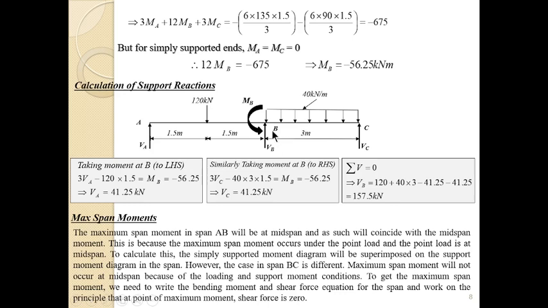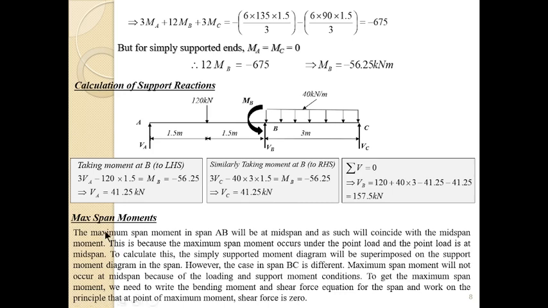If we make VB the subject of the formula, this is what we will have. We will have that VB equals this, which if we solve gives us 157.5. So we now know our support reactions. That means we can easily draw our shear force diagram and our bending moment diagram.